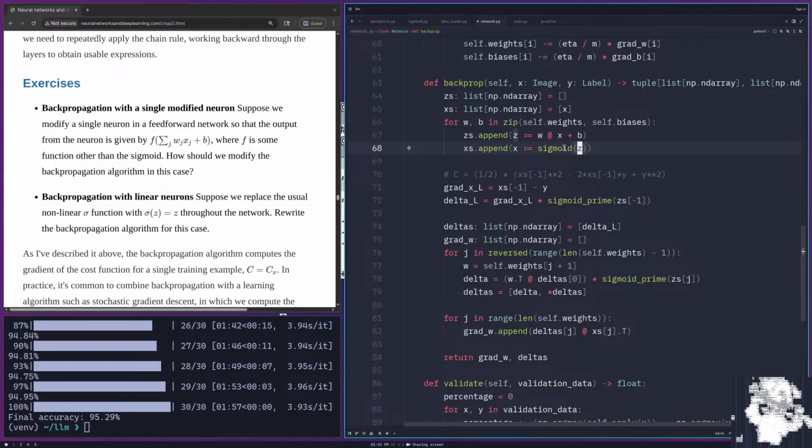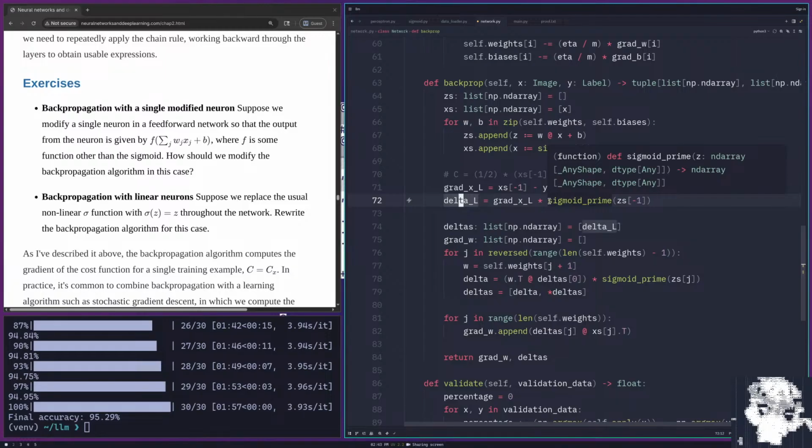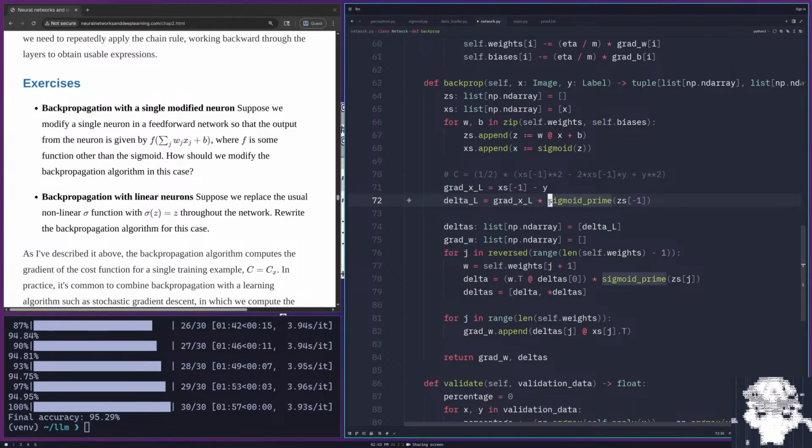During the backpropagation, if the neuron was in the final layer, then delta L would have a different value at that layer. Instead of taking a sigmoid prime, you'd end up doing something else here.